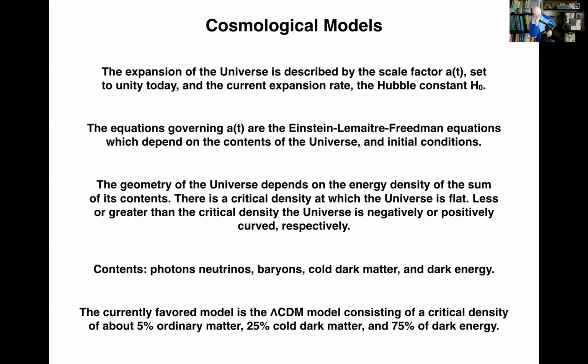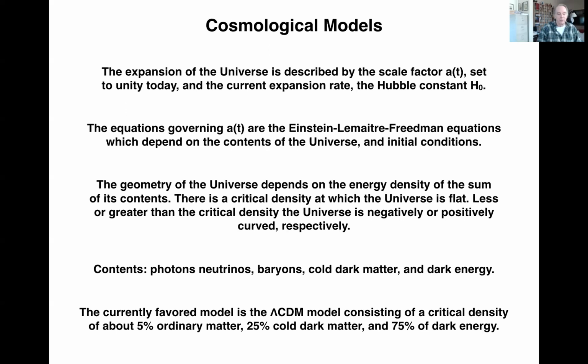Anyway, there is a currently favored model, which is called the Lambda CDM model, Lambda cold dark matter model, which is a cocktail containing a critical density of about 5% ordinary matter, 25% cold dark matter, and 75% dark energy.